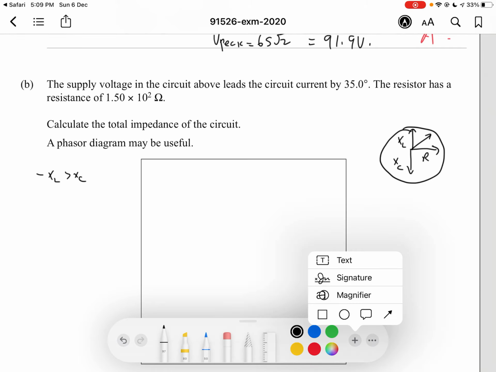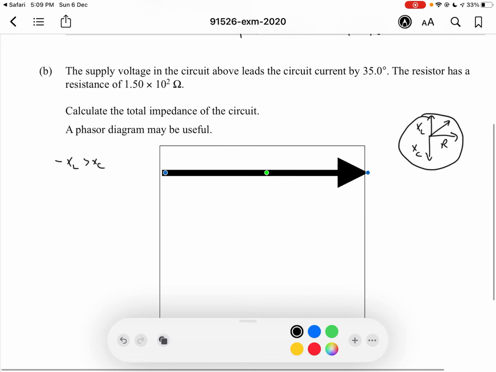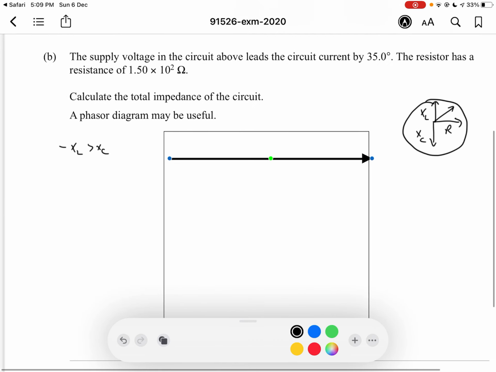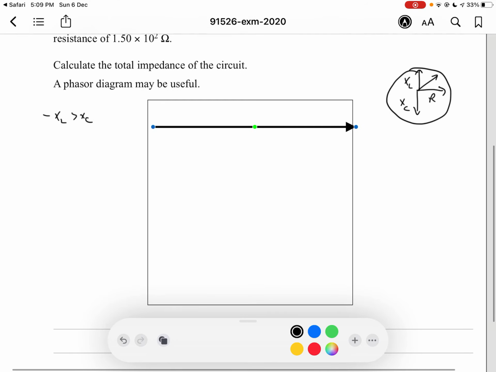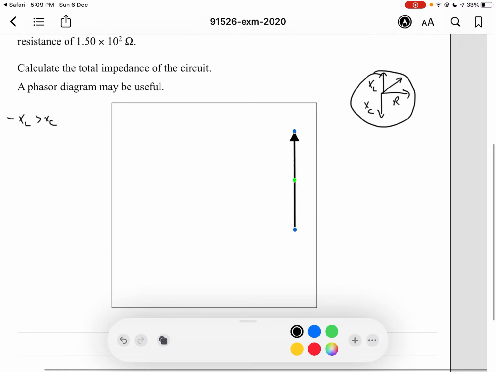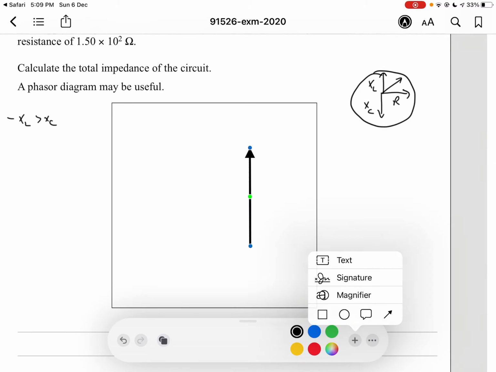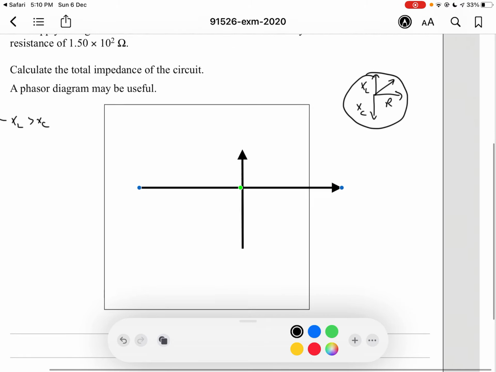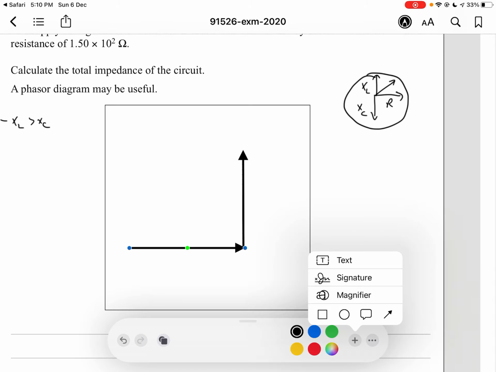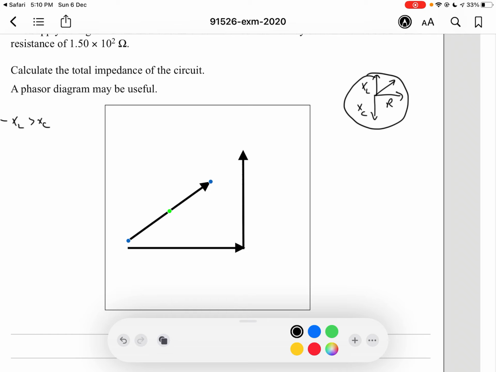So our phasor diagram should look like this.